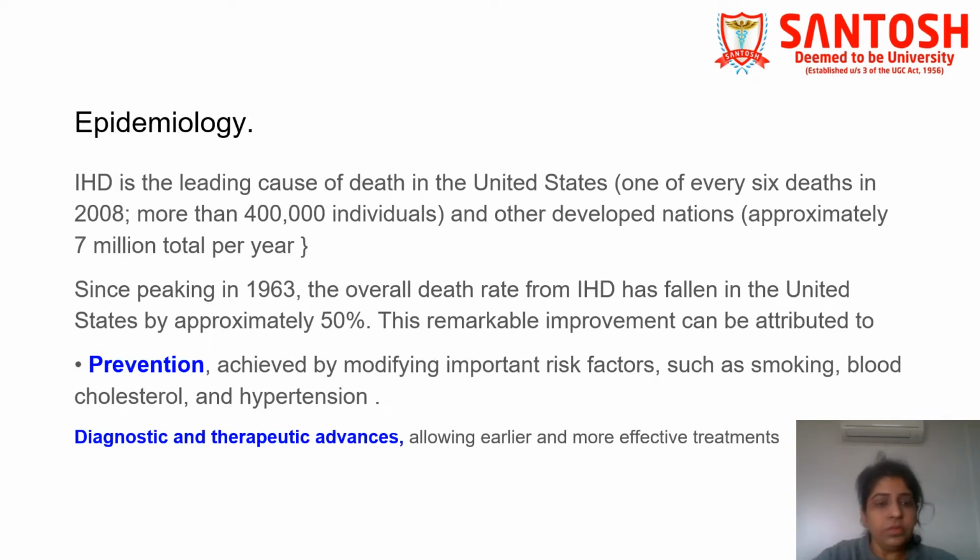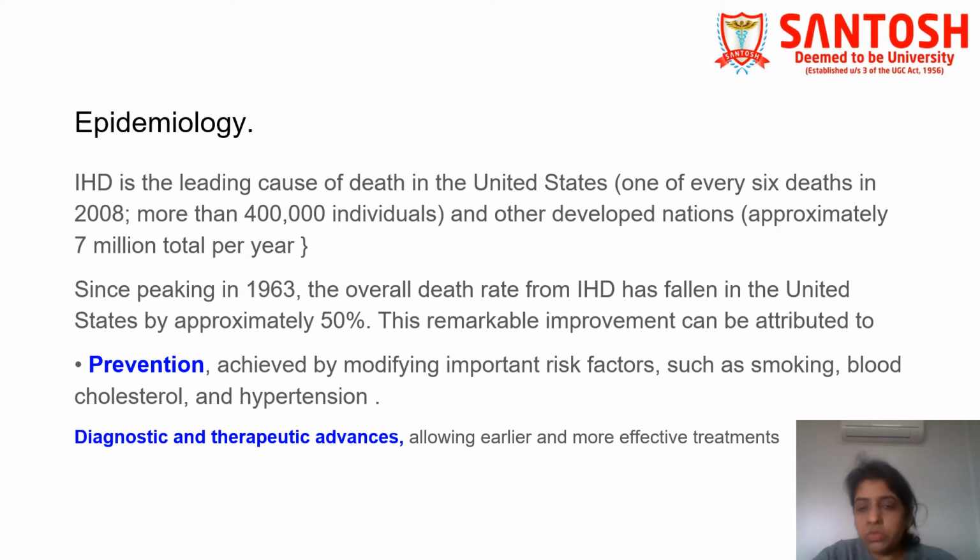The epidemiology. IHD is the leading cause of death in the United States. One out of every 6 deaths in 2008, more than 400,000 individuals were affected, and in other developed nations, approximately 7 million total per year. Since peaking in 1963, the overall death rate from IHD has fallen in the United States by approximately 50%.